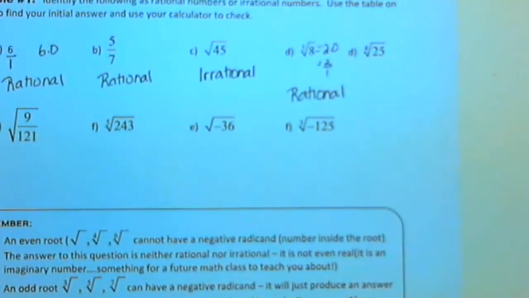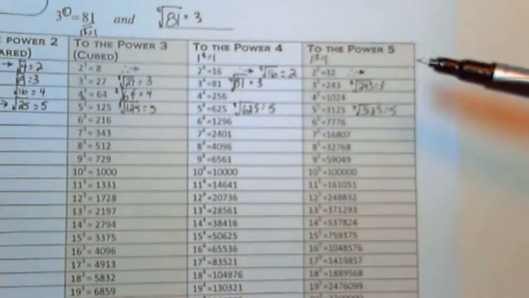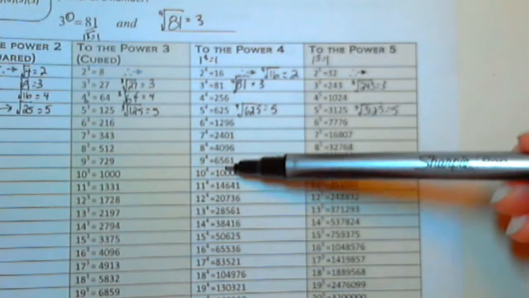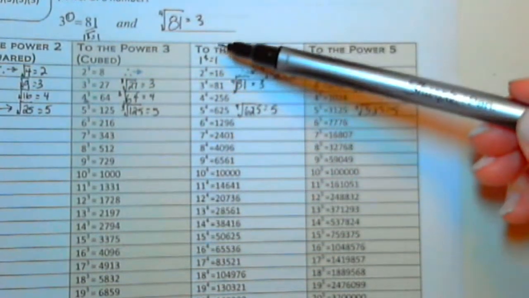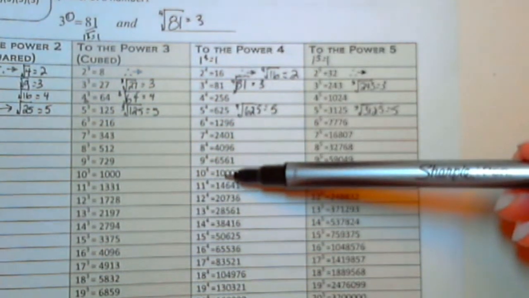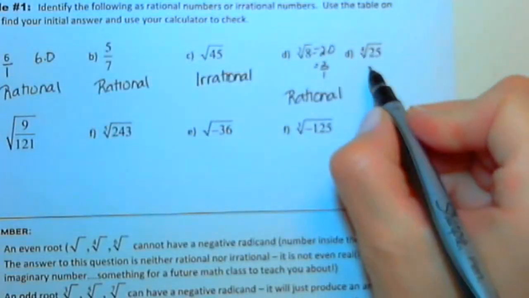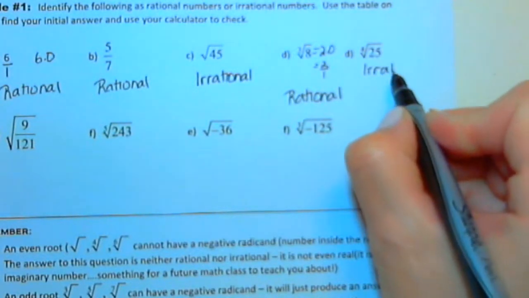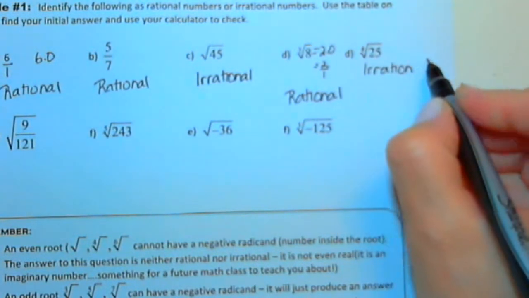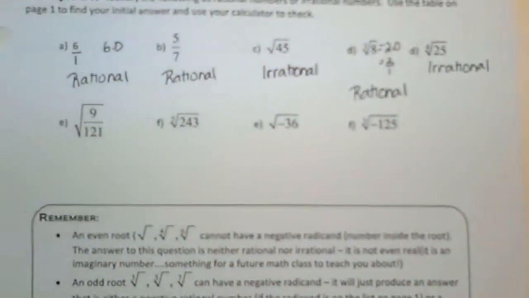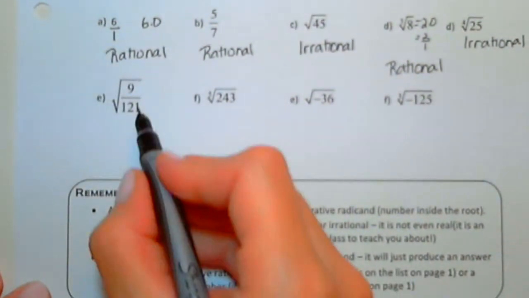What about the fourth root of 25? Look at your list. Only the numbers to the right of the equal sign will be rational numbers for fourth roots. And I do not see 25 on here, so it's going to be irrational. And again, if you check on your calculator by punching that in, you will see that it fills up your screen with decimals that don't repeat.